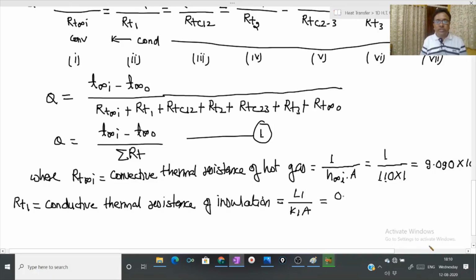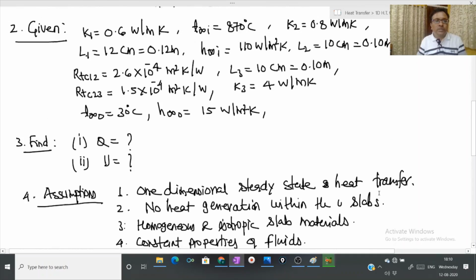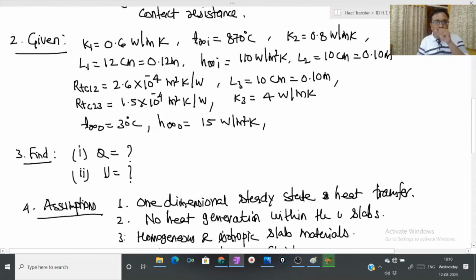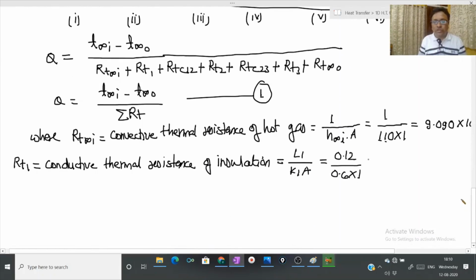L1 is nothing but 0.12, K1 is I think 0.6. Let me check the value of K1. Yes, 0.6. So this value comes out 0.2 meter square Kelvin per watt. This is square, mind well.